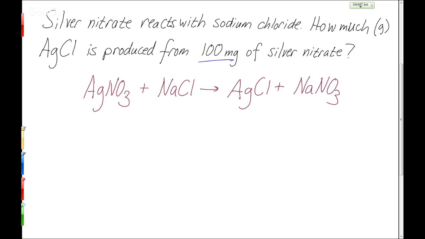Now, what are you going to do with the milligrams? You can change it to grams. There is another option. I'm sorry if this confuses anyone. You can ignore this if you like, but the other way to do it is to use millimoles instead of moles, and just leave it in milligrams.